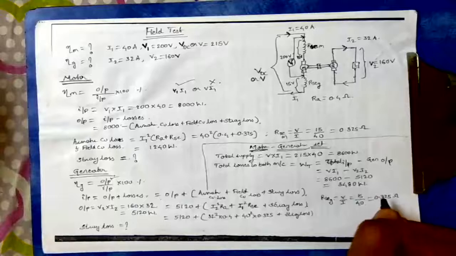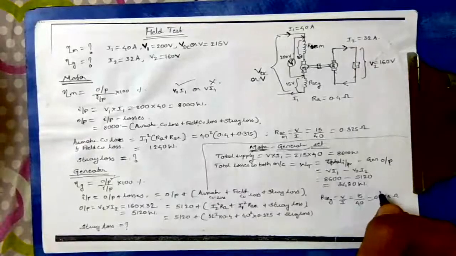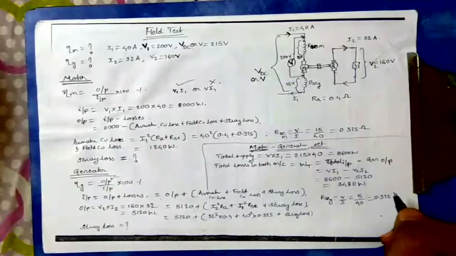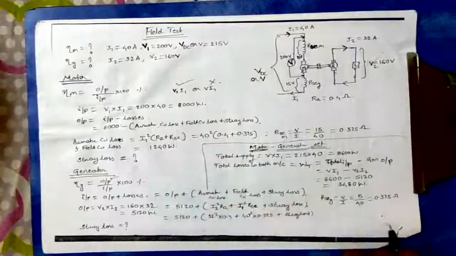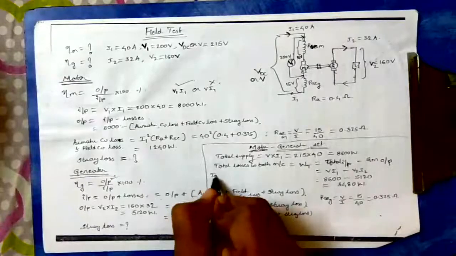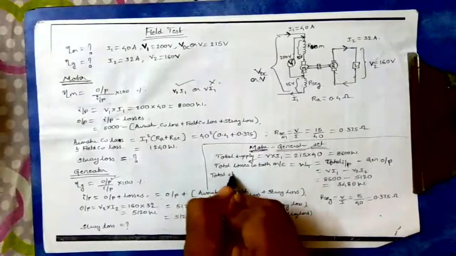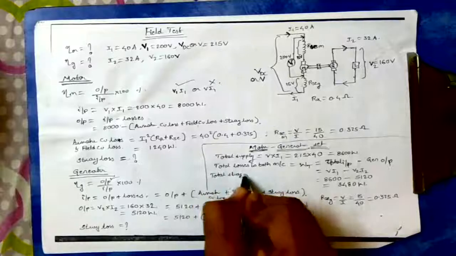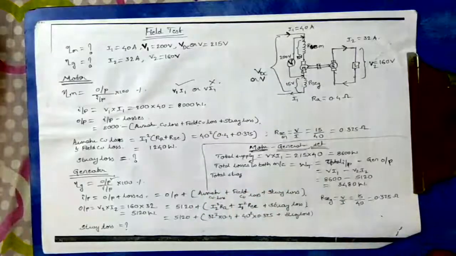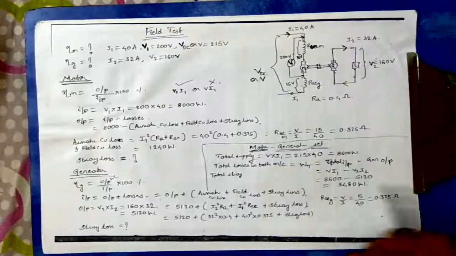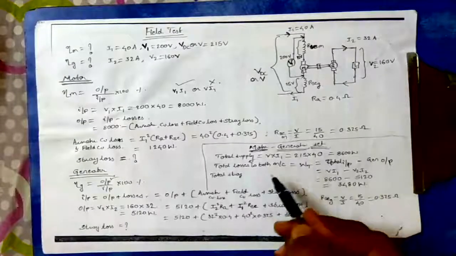Now we have to calculate the total stray losses. Total losses include the copper loss of armature as well as field, of both machines, and also stray losses.